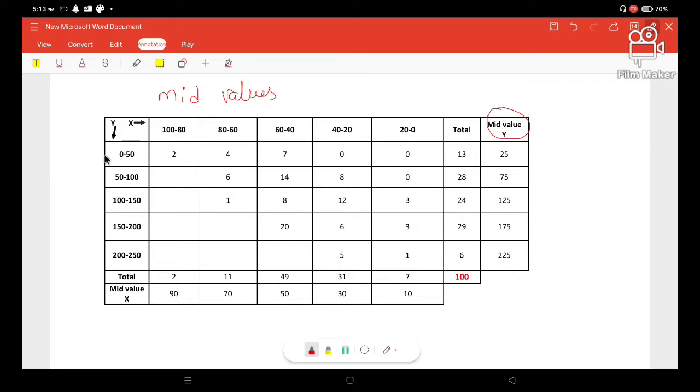Mid values are lower plus higher divided by 2, which is 50 by 2 is 25, and the range is 50, so we add 50, 50, that is 25, 75, 125, and so on. Similarly for the mid value of x, 100 plus 80, 180 divided by 2, comes to 90, and then the gap of 20, 20, so it is 90, 70, 50, and so on. This we call finding the mid value, which is our step 2.